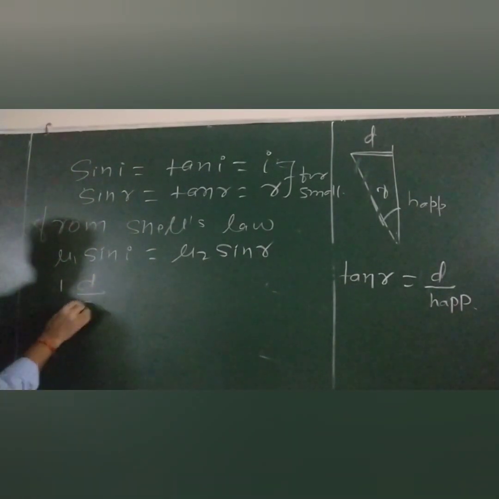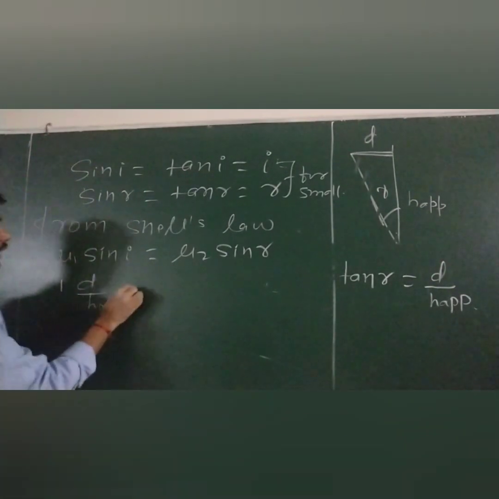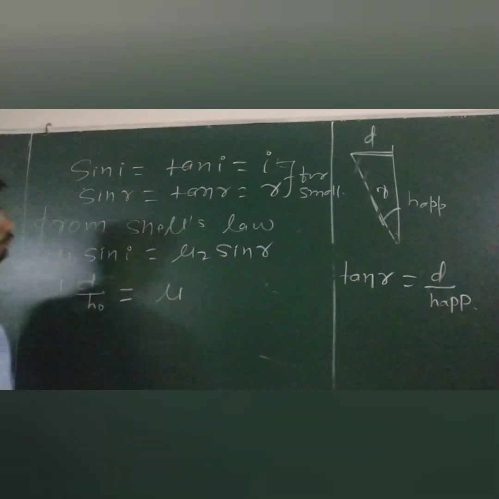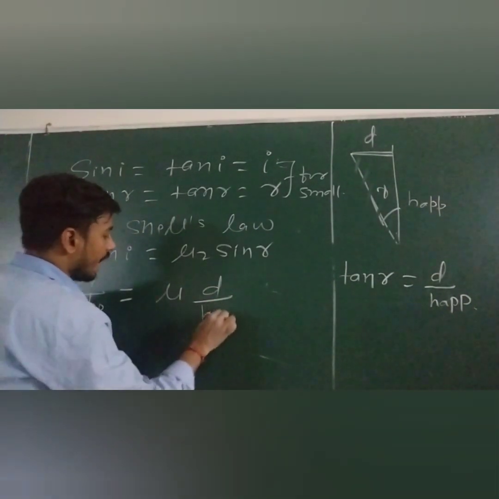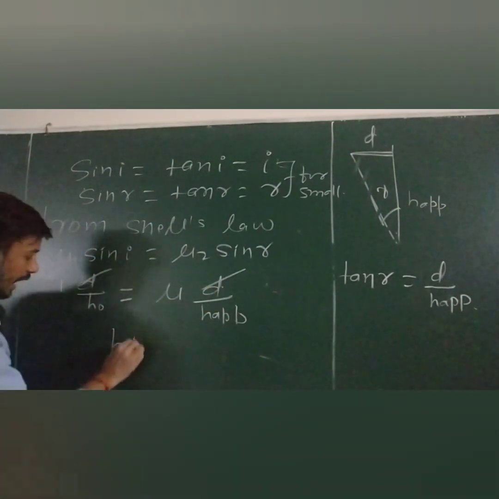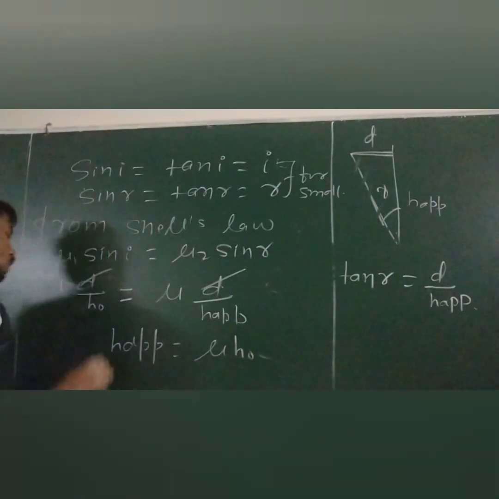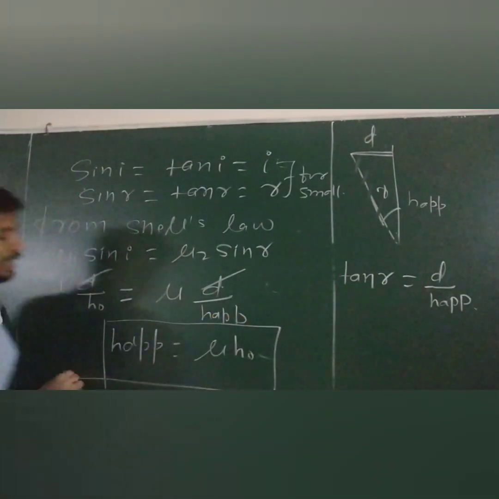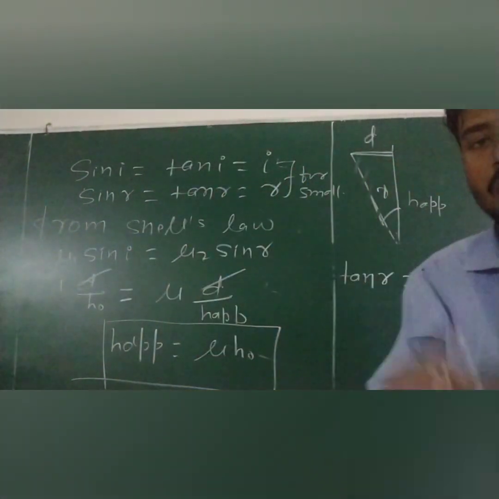D by H naught is equal to mu times D by H apparent. So H apparent is equal to mu times H naught. Yes or no?